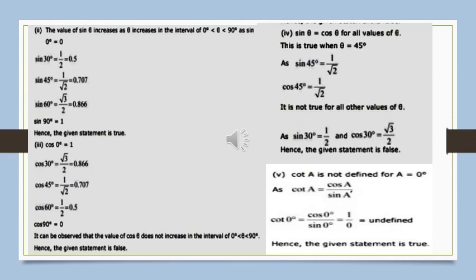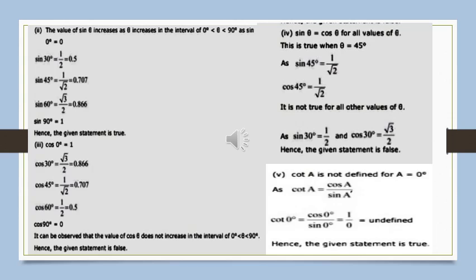And therefore you can see as theta increases, the value increases, and therefore the statement is true. Similarly, cos 0 equals 1. But here the statement is false, because cos theta doesn't increase in the interval 0 to 90 degrees, and therefore the given statement is false.